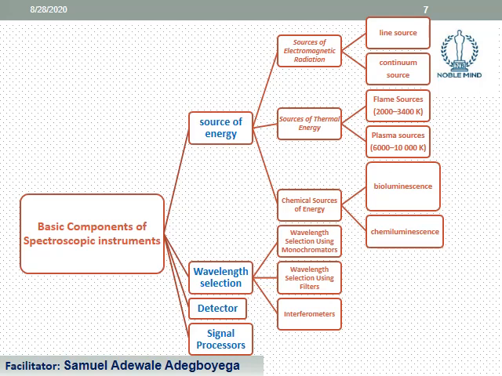It must have a wavelength selection compartment, so you can select your wavelength using a monochromator, filters, or interferometer. After that, it must have a detector compartment, as well as a compartment that will process the signal, which is a signal processor.